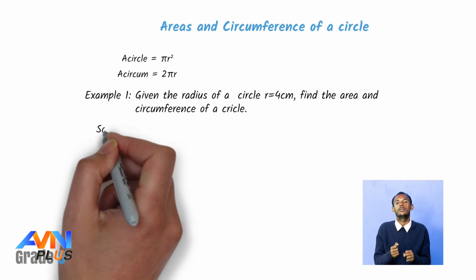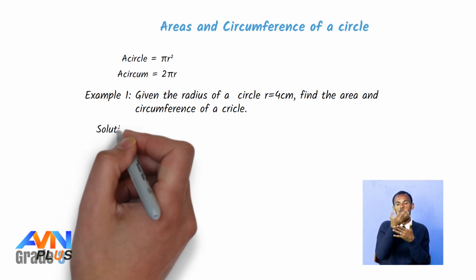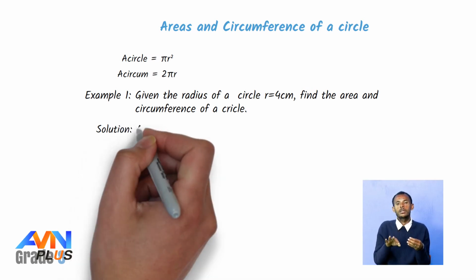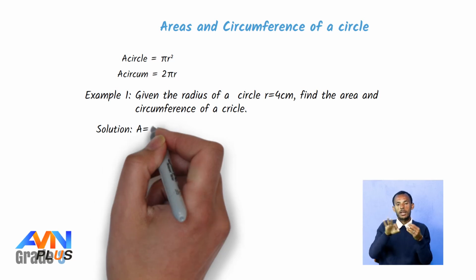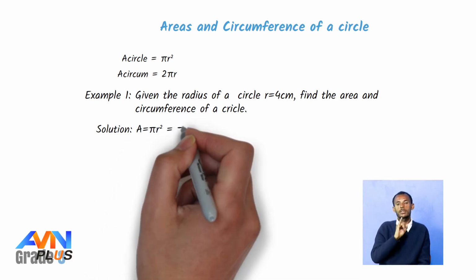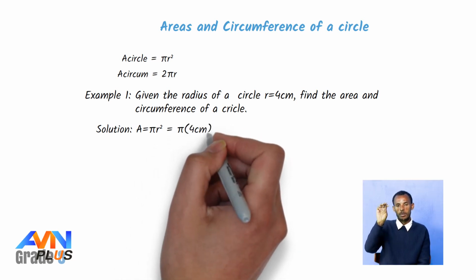So the only thing that we need here is the formula. So the area of a circle is pi r square. Okay, so this is pi times 4 centimeter square.